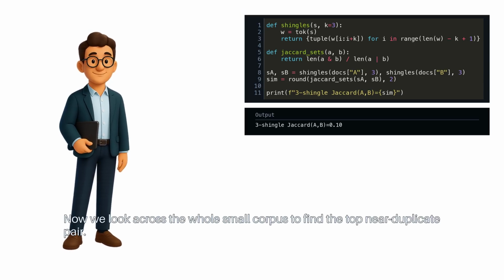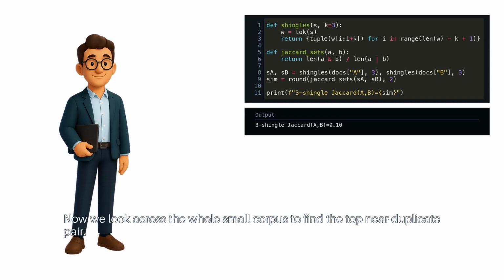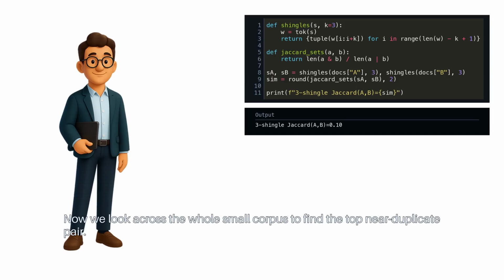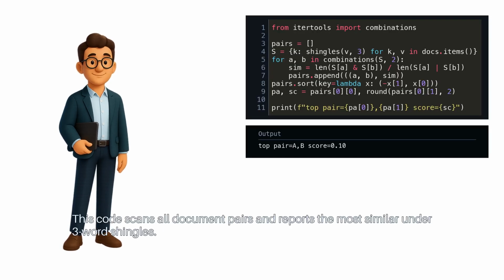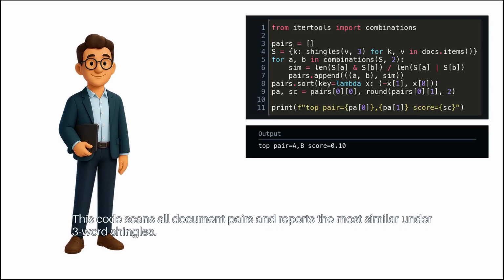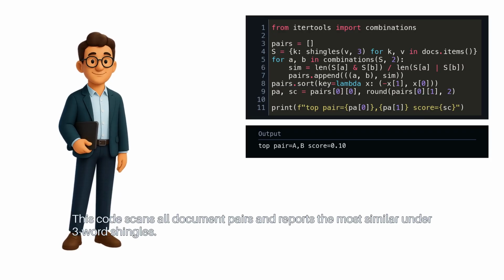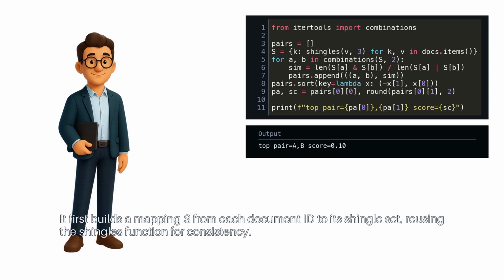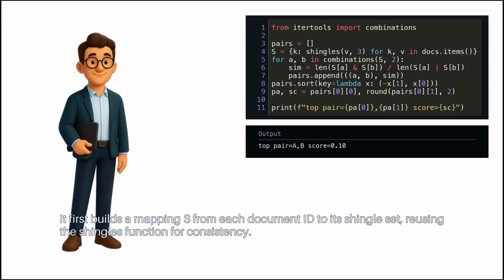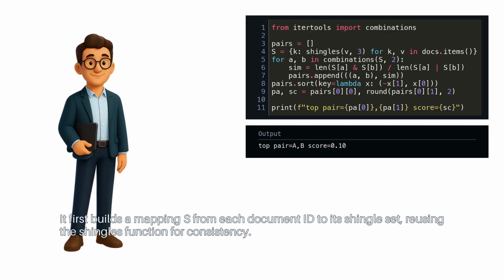Now, we look across the whole small corpus to find the top near duplicate pair. This code scans all document pairs and reports the most similar under 3-word shingles. It first builds a mapping S from each document ID to its shingle set, reusing the shingles function for consistency.